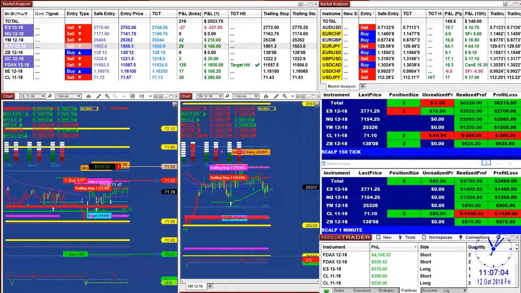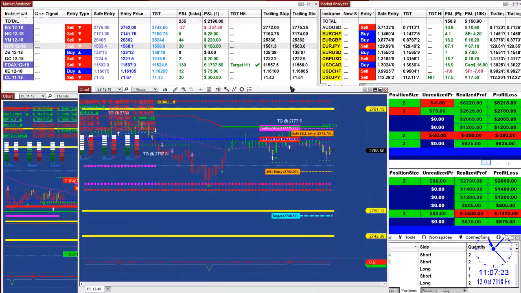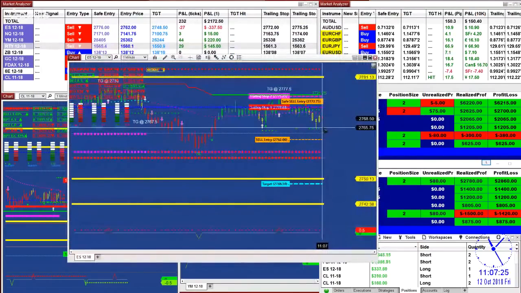Okay, guys. We're waiting. There is nothing on the ES. The ES is stuck between those two lines.